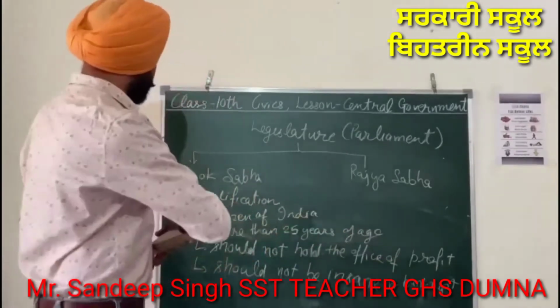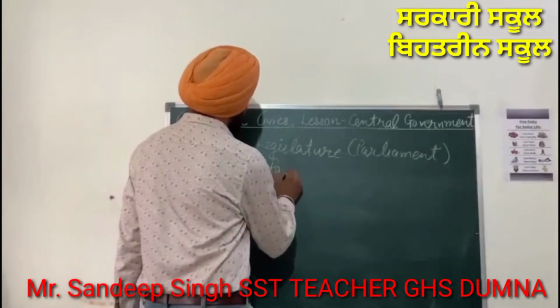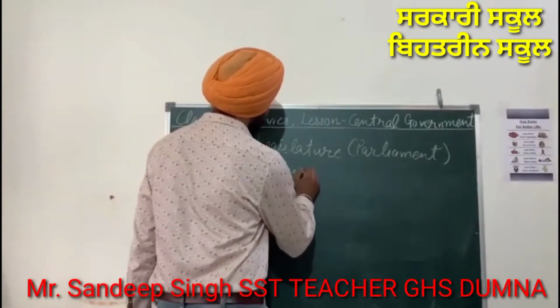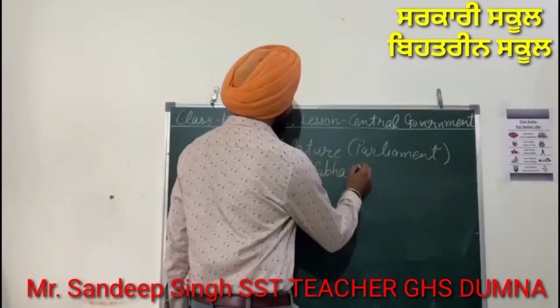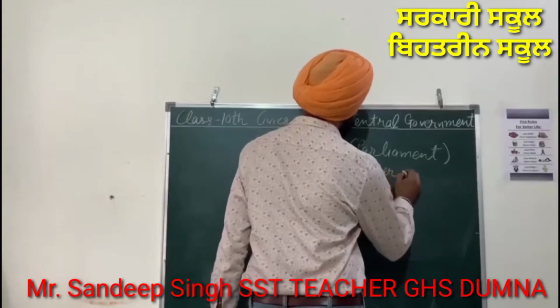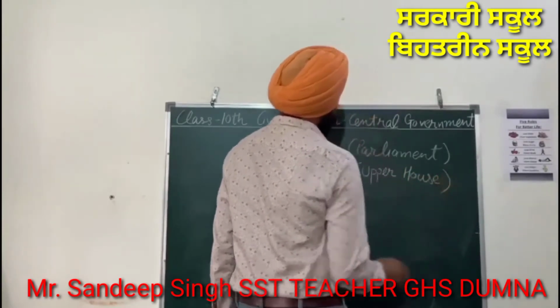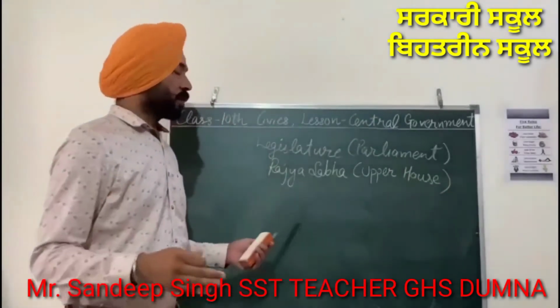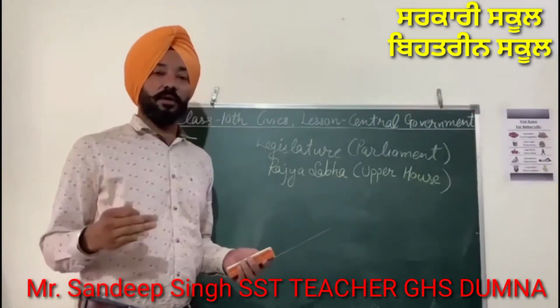After this, son, we discuss about Rajya Sabha. It is also called upper house. And we can also call it Council of States. It represents the states of our country.